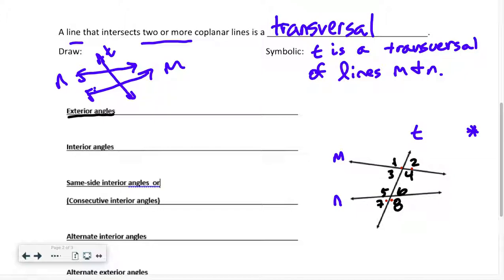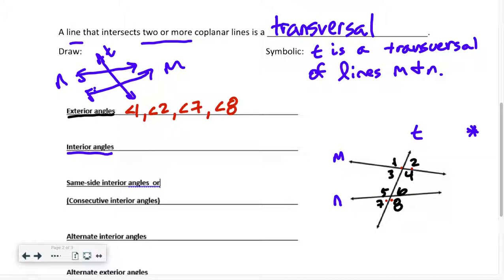They're exterior, they're outside of our two lines. So angle 1, angle 2, angle 7, and angle 8 are all exterior angles.